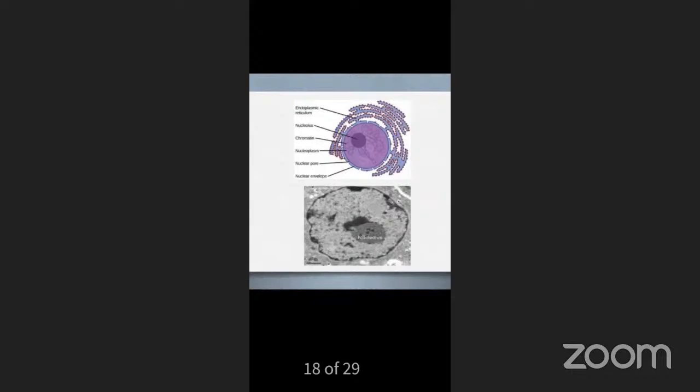So, the structure of DNA. The DNA molecule is double stranded, in which two polynucleotide strands are coiled together to form the DNA double helix.